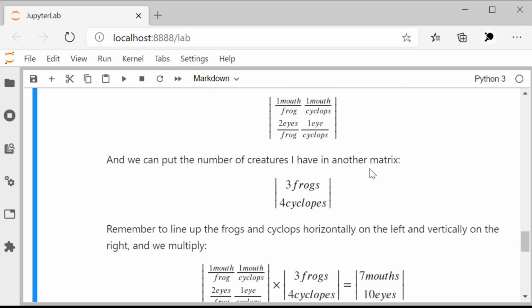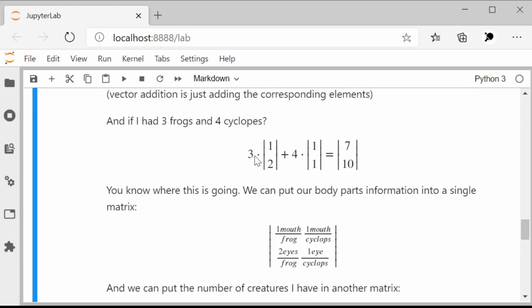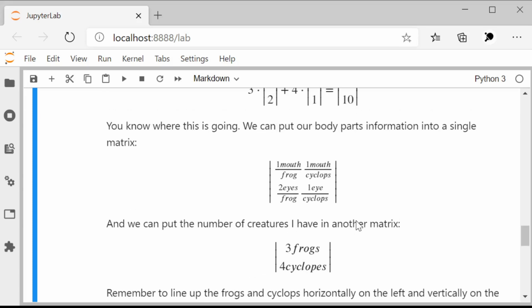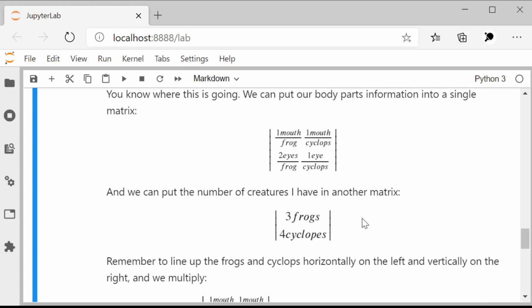And then we can put the number of creatures, which is 3 and 4, I have 3 frogs and 4 cyclopes, in another matrix. If you think about it, this matrix is the body part per creature matrix. And this is the number of creatures matrix.